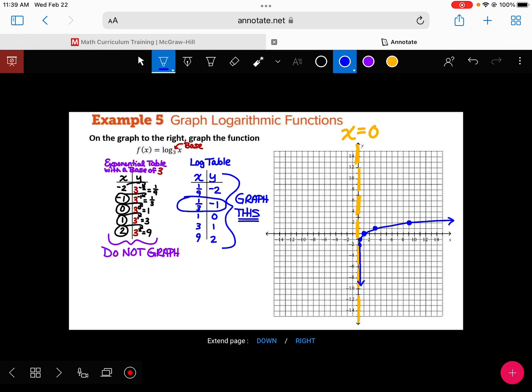I hope you guys were paying attention to that part, because now we're going to learn how to take a parent like this and do a transformation with A, H, and K. What kinds of things can A do to my graph? Stretches or compresses?